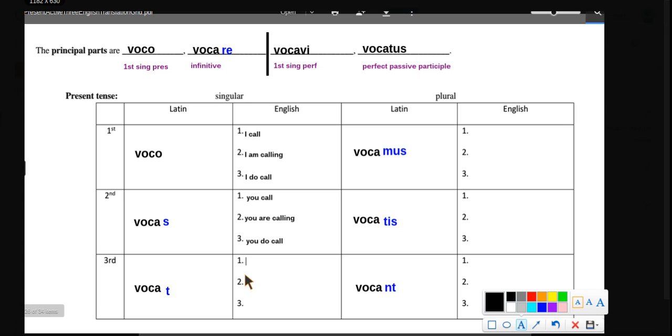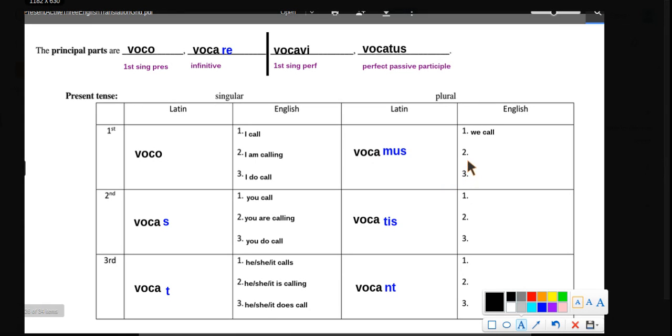So for vocat, the T ending is he, she, or it. You tell whether it is a he, she, or an it based off of your subject in the sentence. So we have he, she, or it calls. He, she, or it is calling. Or he, she, or it does call.